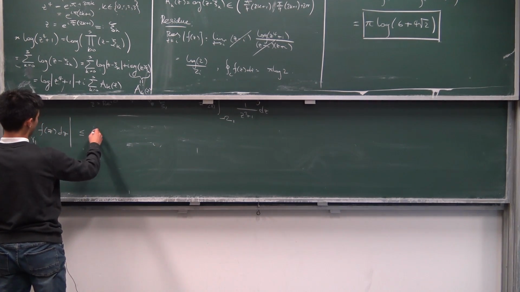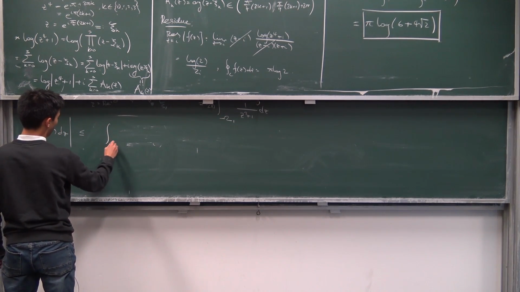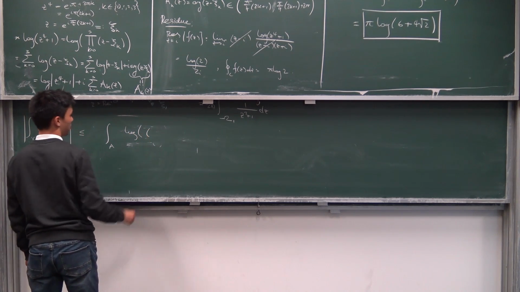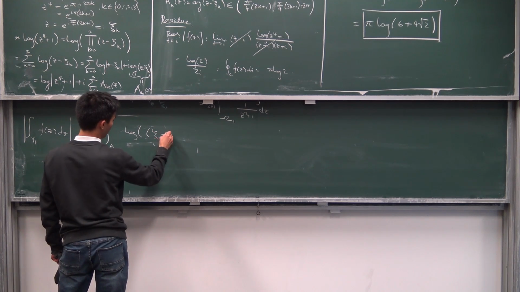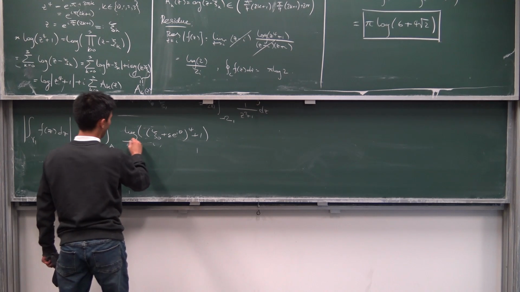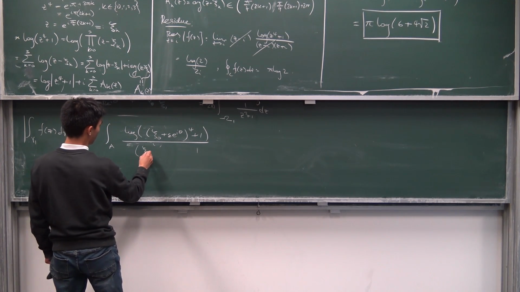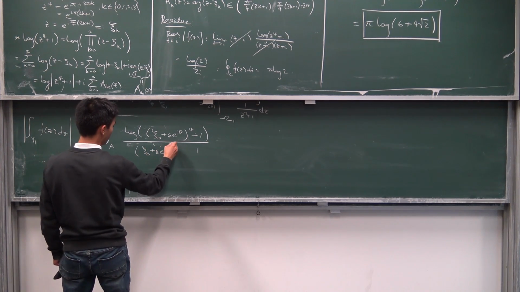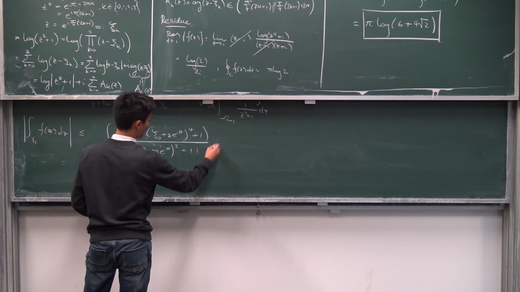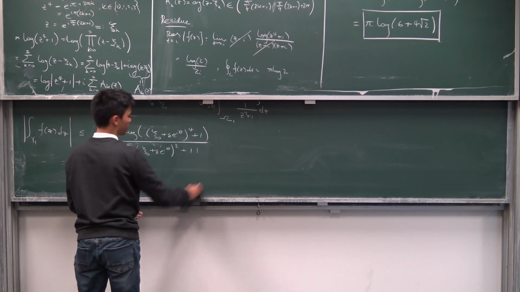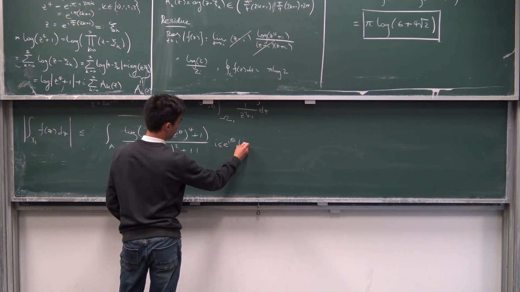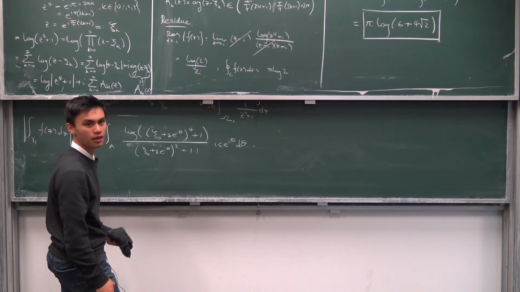I guess you'll have to write this as the integral on, again, some set A of the logarithm of, we have something to the 4, but that's as psi 0 plus epsilon e to the I theta, and this guy raised to the 4th plus 1, and then this is divided by psi 0 plus epsilon e to the I theta, raised to the 4, no, squared, and then plus 1, like so. So d, no, not d theta. We want I times epsilon, e to the I theta d theta. I believe that is the correct differential.